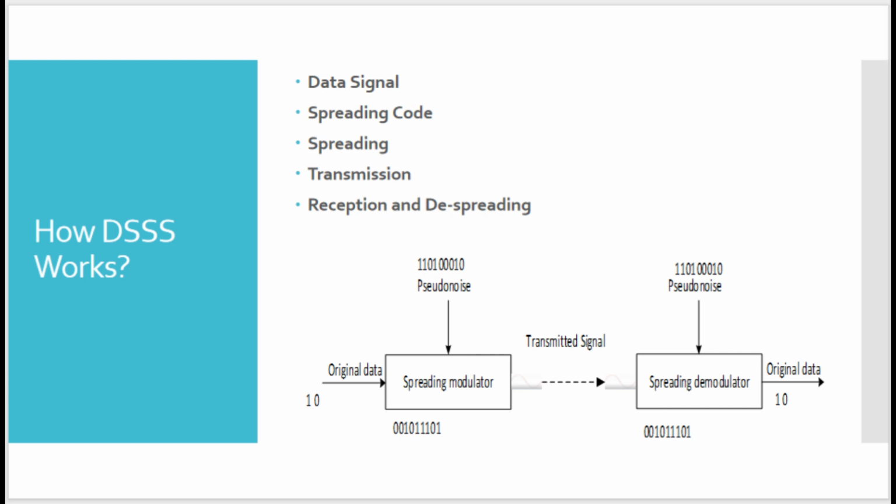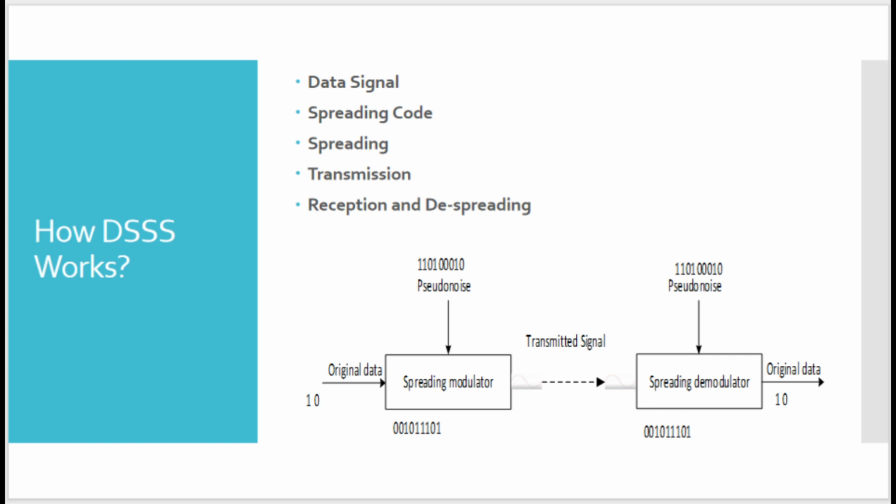And third is the spreading process. The data signal is XOR with a PN sequence. This process spreads the energy of the data signal over a broader frequency band, producing a spread spectrum signal.